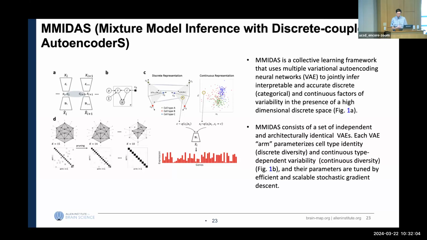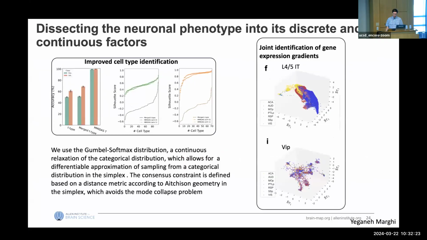And so one way to model this is to use distributions where there's an underlying categorical distribution, but you're able to control the variability of it and actually model how continuous things go between these categories. A distribution you may have heard of is called a Gumbel softmax. It's a way of modeling a categorical distribution with free boundaries that can move between them. It's a very powerful thing. You can look it up.